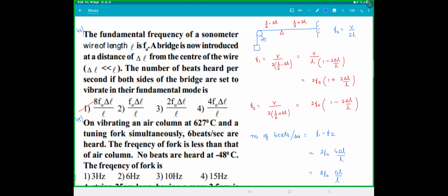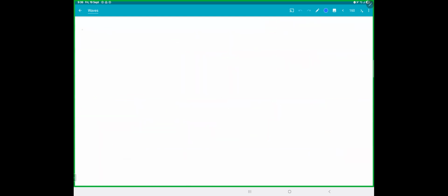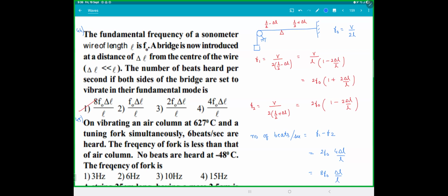Here you're messing with the temperature. So speed of sound changes. See, so we have an organ pipe air column.